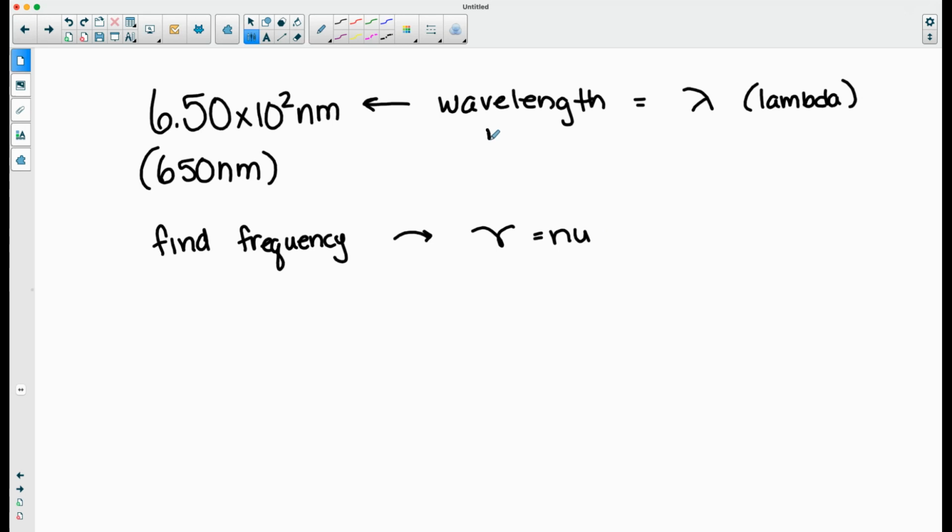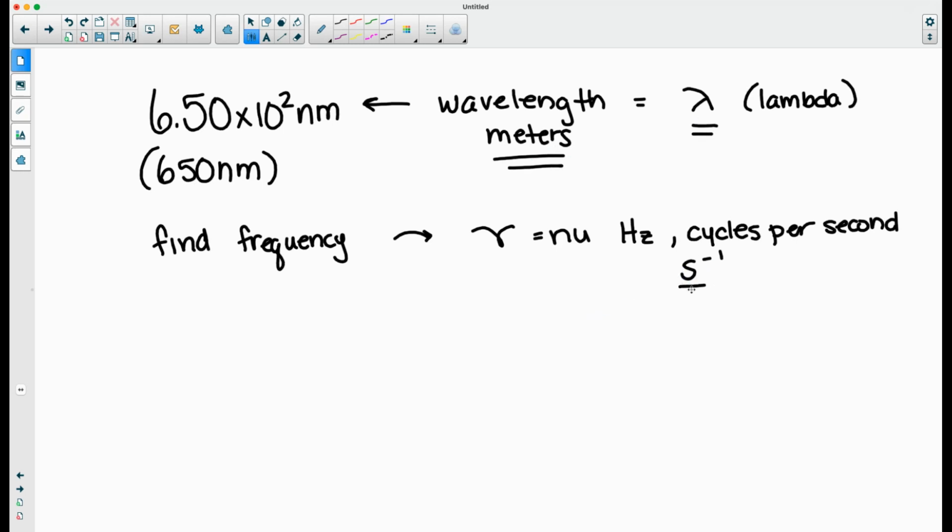Wavelength needs to be measured in meters, and nu needs to be measured in hertz, also known as cycles per second, or just simply seconds to the -1. So let's just go through that again. Wavelength needs to be measured in meters, and it is abbreviated by lambda.